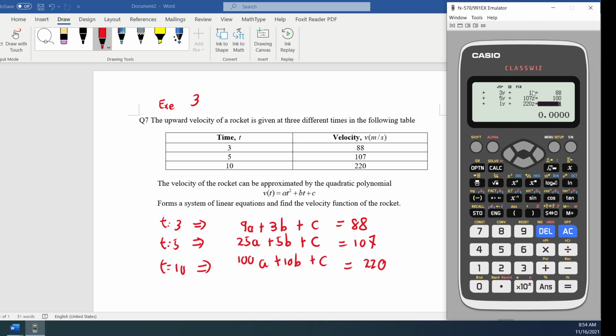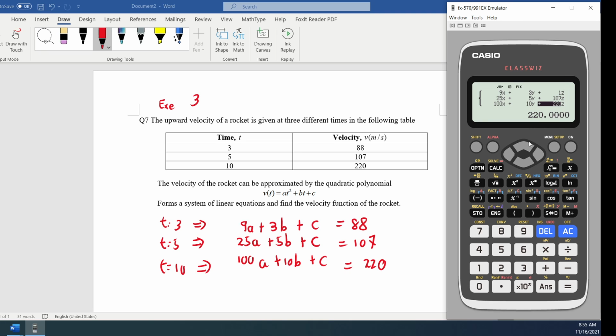So checking, make sure you key in correctly. I think I keyed in wrongly. 88, 107 here. 9, 25, this is 100. 3, 5, 10.